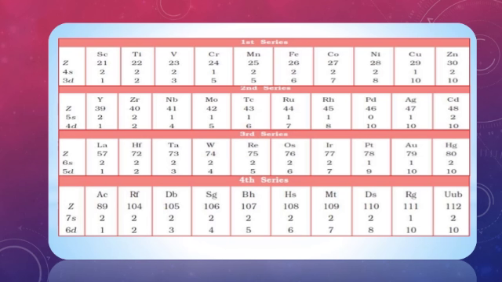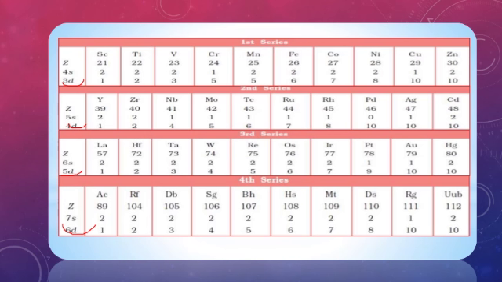There are 4 transition series of elements which are called the first, second, third and fourth transition series. In these series, 3d orbitals, 4d orbitals, 5d and 6d orbitals are filled up respectively.